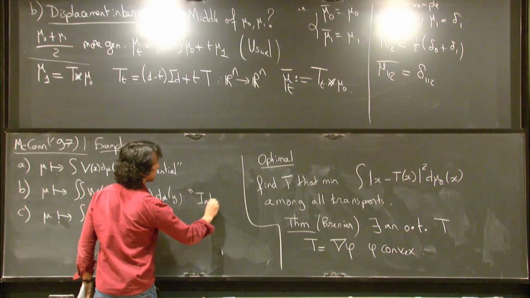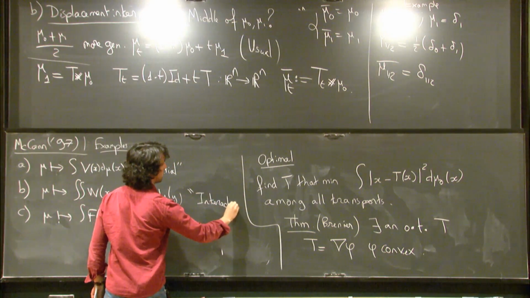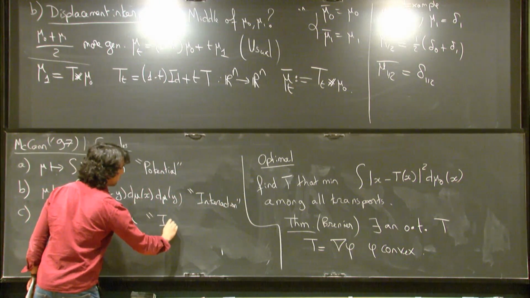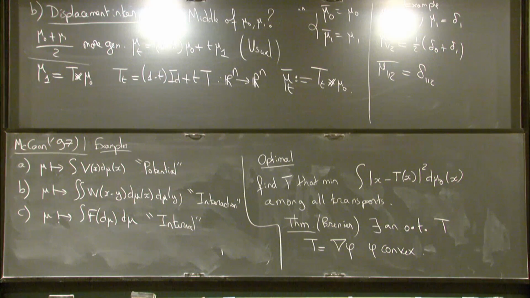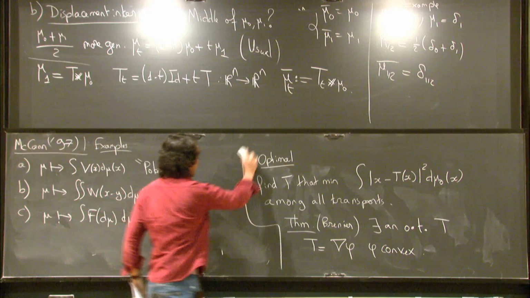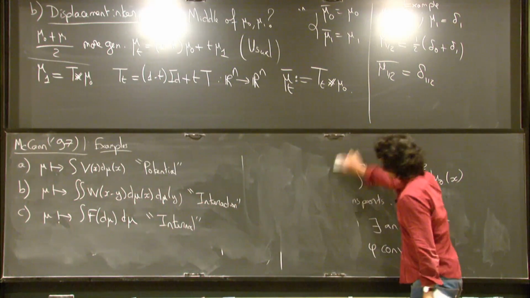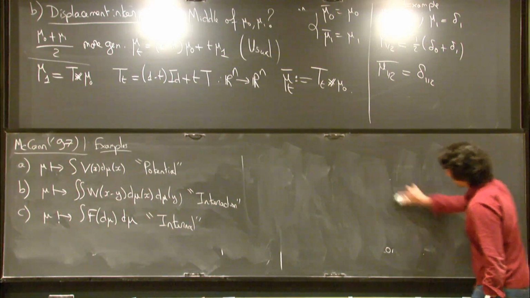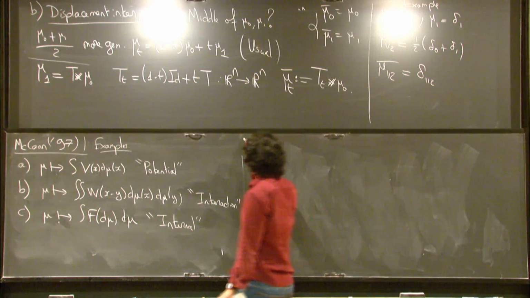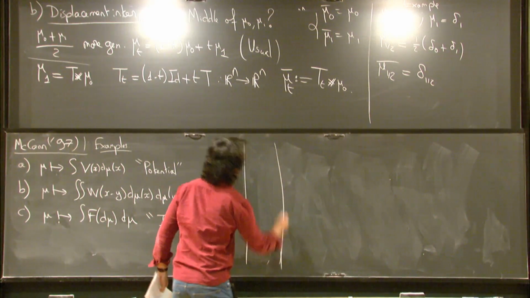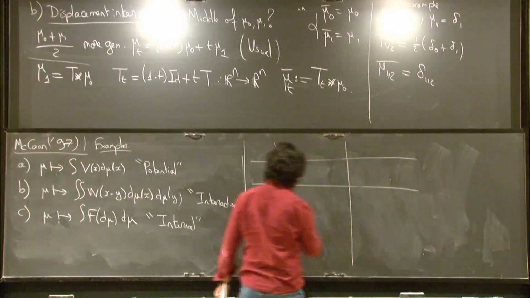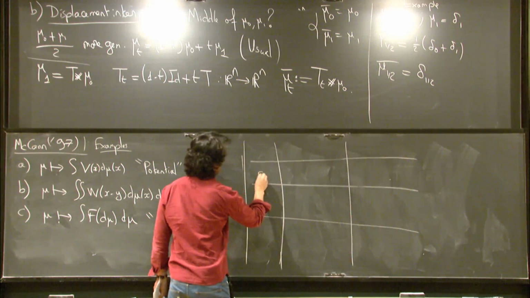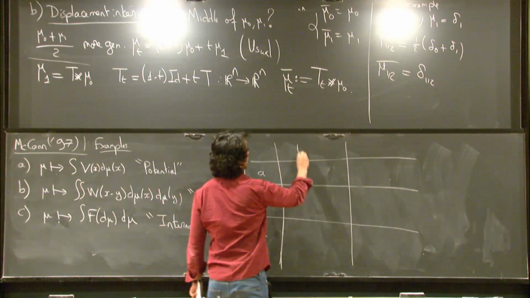That's an interaction term, and that's internal energy. Anyway, it doesn't really matter. So we can look at three families of functionals and ask, are they usually convex? Are they displacement convex? So I'm going to do a double entry: A, B, C.